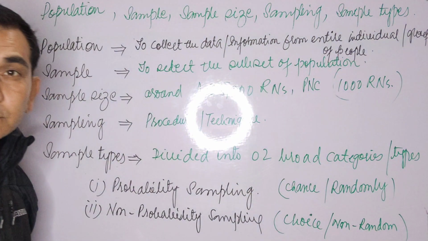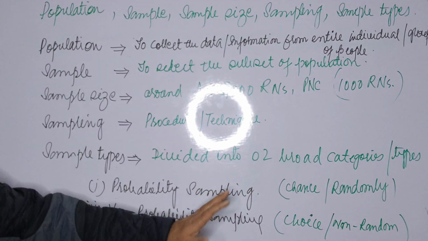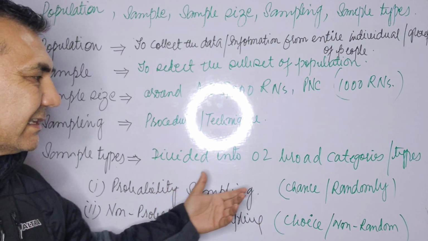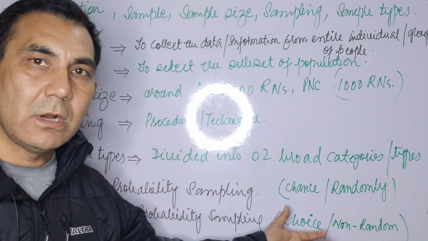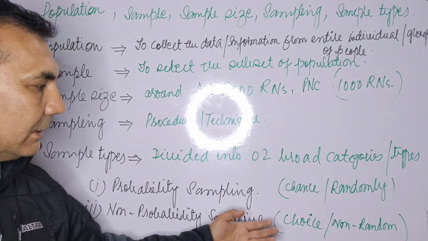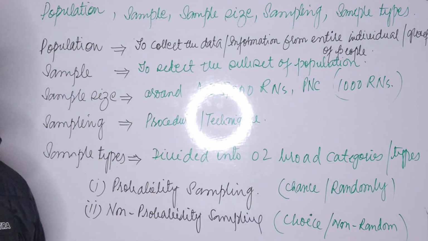See the difference between the two: probability sampling selects the sample by chance or randomly, and non-probability sampling selects the sample by choice or non-randomly.